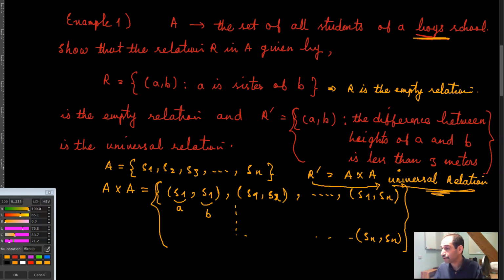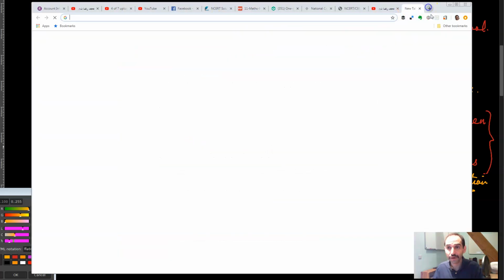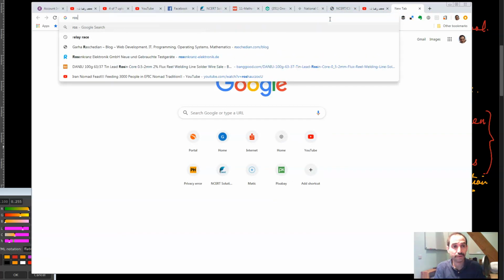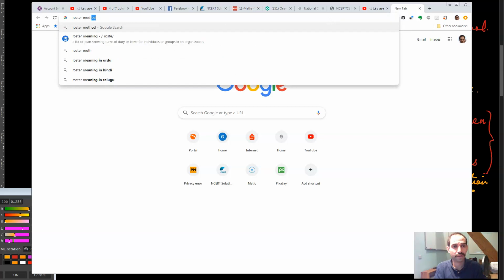That was example number 1. And as a remark, in class 11 we have seen 2 ways of representing a relation, namely the roster method, if I'm not mistaken. Here there is some problem with this text, where it's been called the raster method.